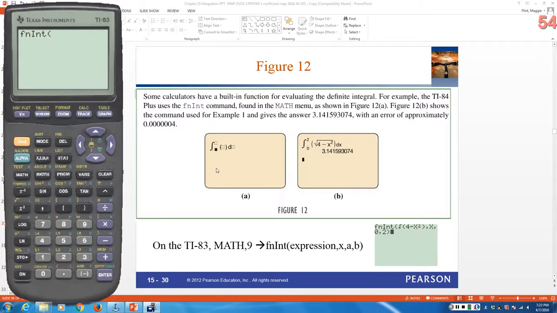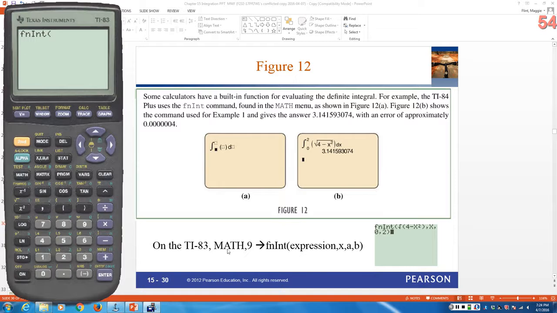What we're doing is we're integrating from 0 to 2, beginning at the y-axis and going over to 2 to get all that quarter circle. And the equation of that circle is the square root of 4 minus x squared. So on the 84 you just fill in the boxes.